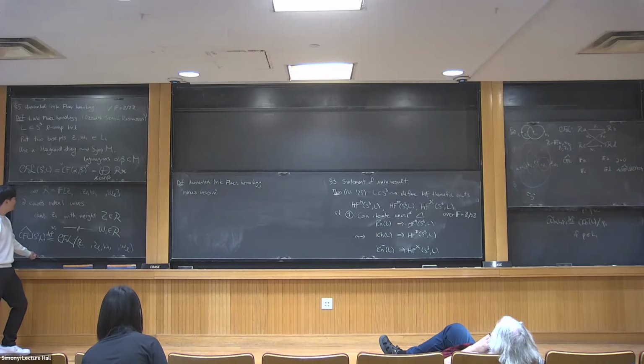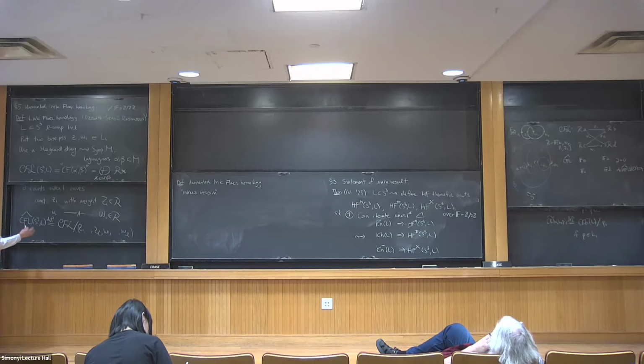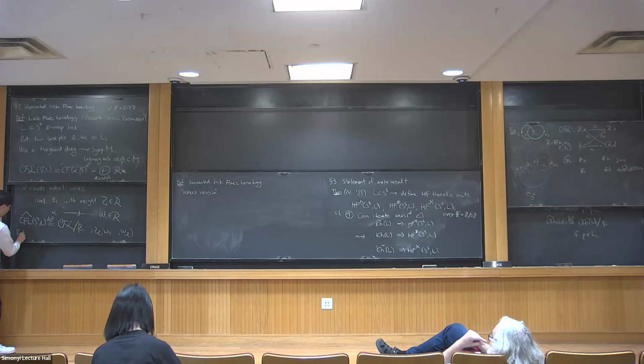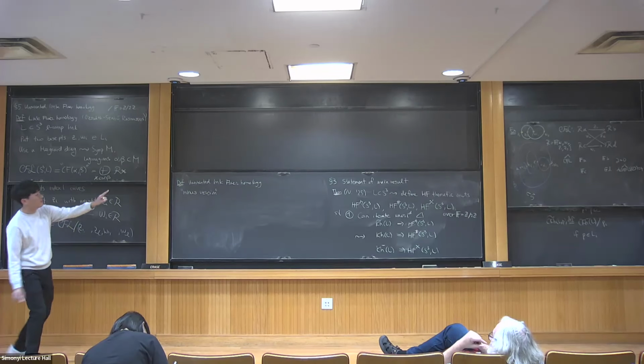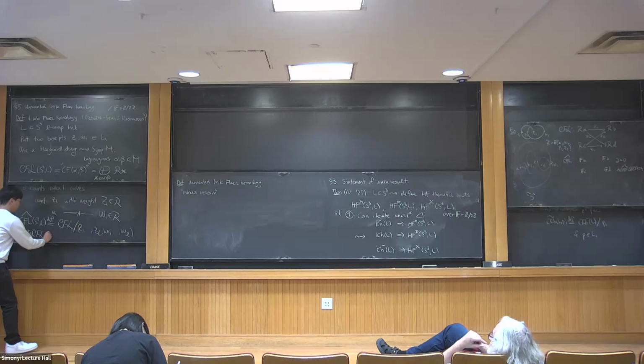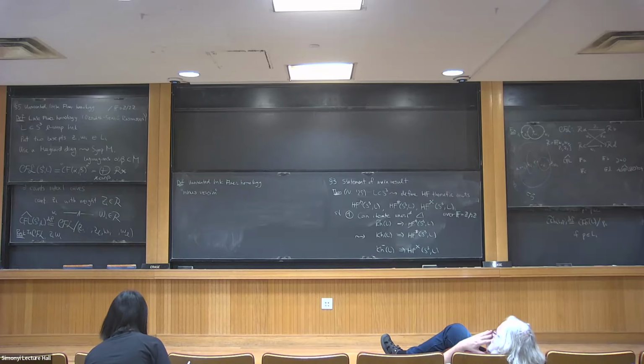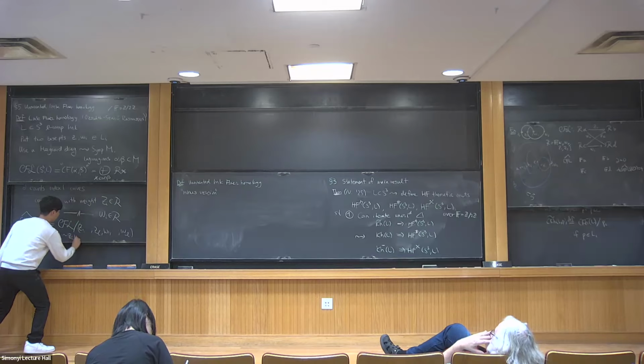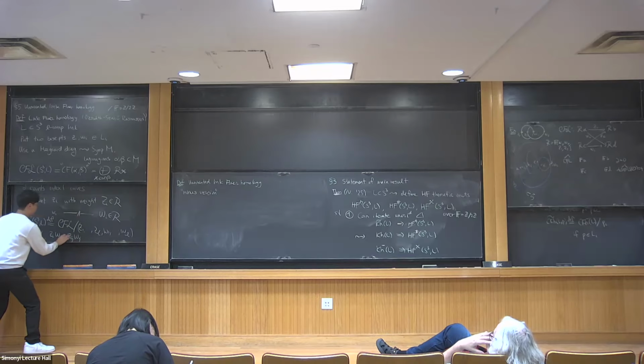Oh, but before that, I forgot to make a remark that in this chain complex CFL, maybe it's a bit hard to see from that example, but multiplication by Zi and Wi is chain homotopic to multiplication by Zj and Wj.